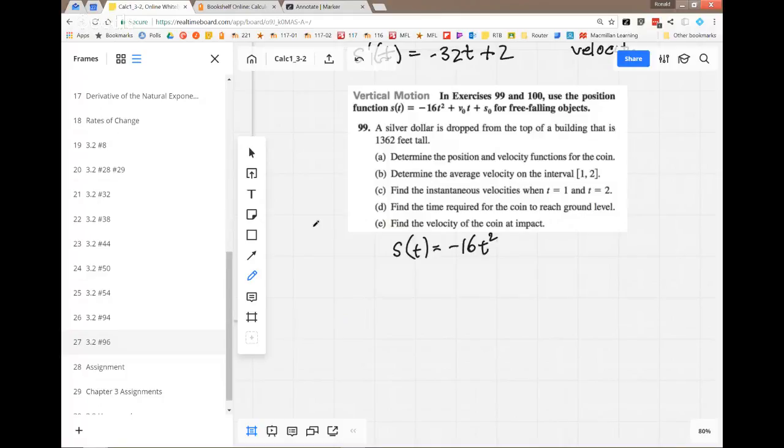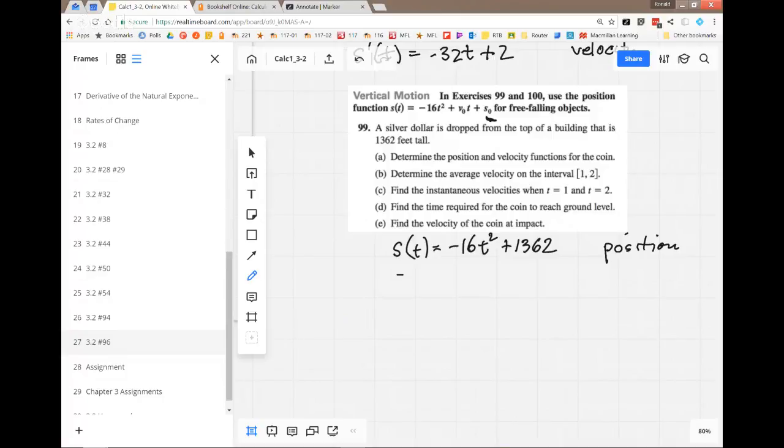I can't remember what V0 is, but the distance you dropped it from was 1362. That becomes the height you dropped it at. Okay, so it says determine the position and velocity functions for the coin. Okay, well, here is the position or height.